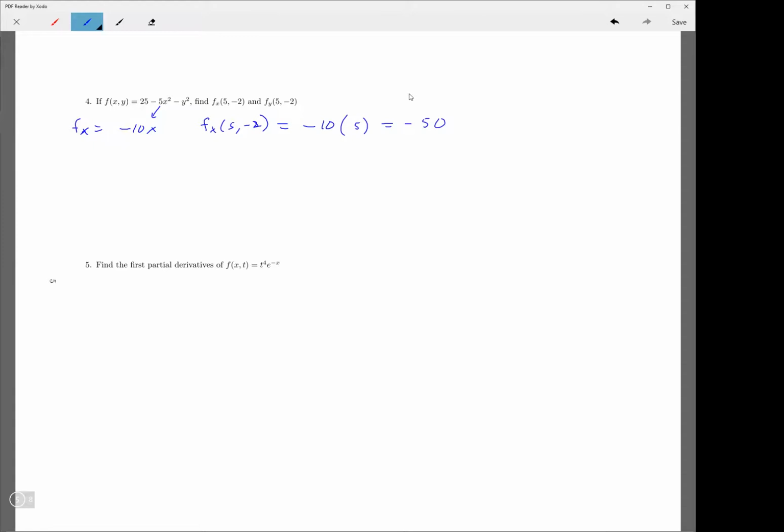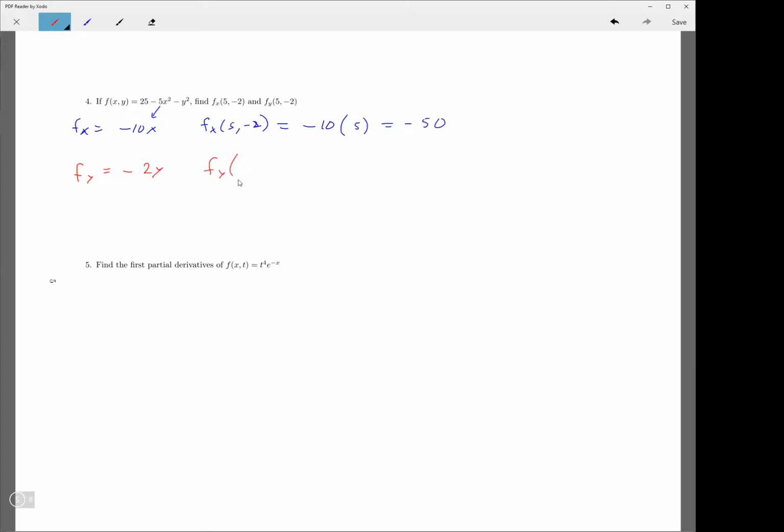Okay, and then what is the partial of f with respect to y? So here you treat that as a constant, so that's just 0. And then you get negative 2y, right?